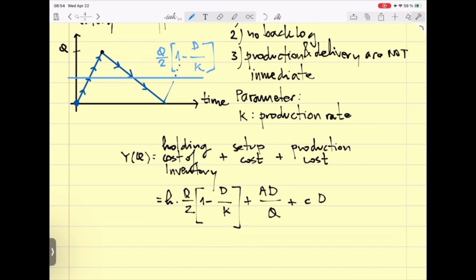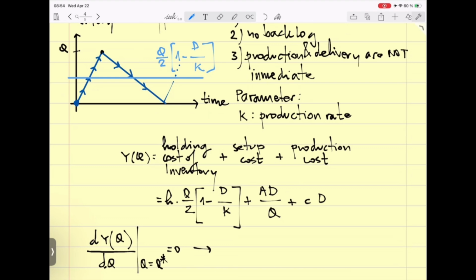The first derivative, as I said, we don't have a backlog, so this is only one variable. To find the minimum of this function, it's just getting the first derivative and making it 0.